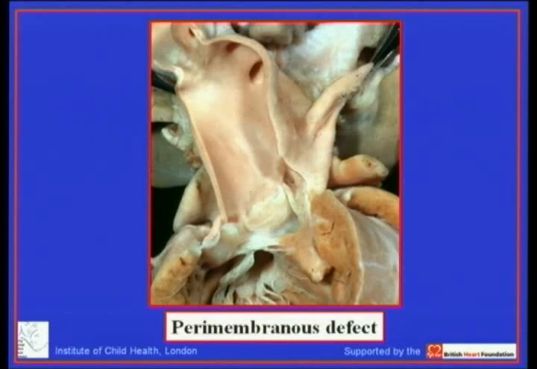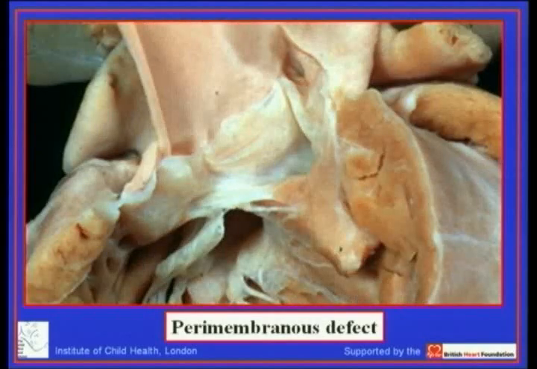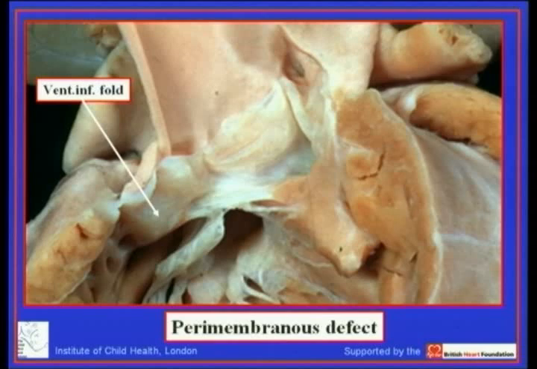But let's first look at the features that make the ventricular septal defect either perimembranous or permit it to have a muscular postero-inferior rim. So here I'm showing you a picture of the origin of a common arterial trunk from the ventricular mass. And the key feature is the postero-inferior margin of the defect. So if we blow that up, you can then see that the ventriculo-infundibular fold stops short of the posterior limb of the septomarginal trabeculation.